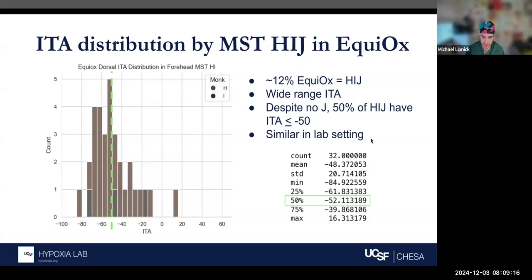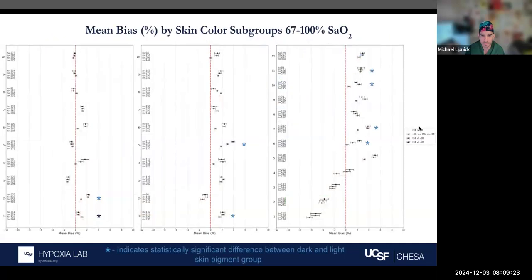We see a similar distribution in our lab cohort, which we recruit from around the city as well. We've also shared these data previously. These are about 30 devices, pulse oximeters that we've been testing as part of the OpenOx project. What you can see here for each device is represented by a cluster of 4 bars.